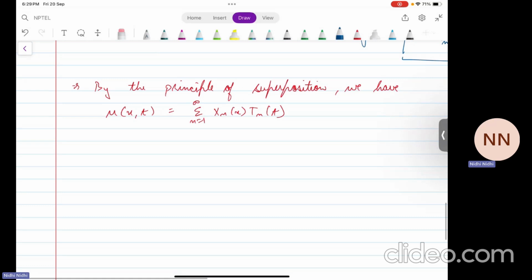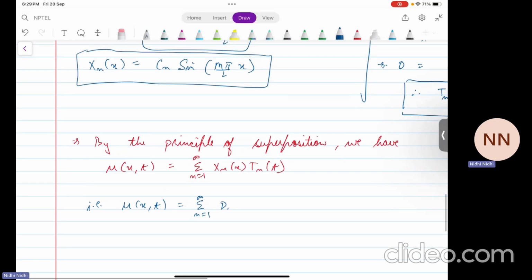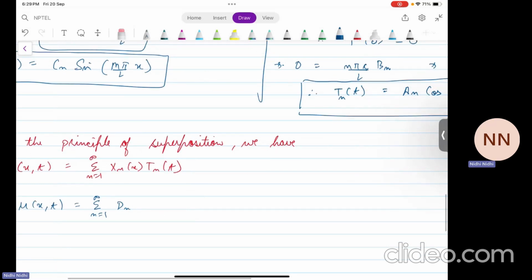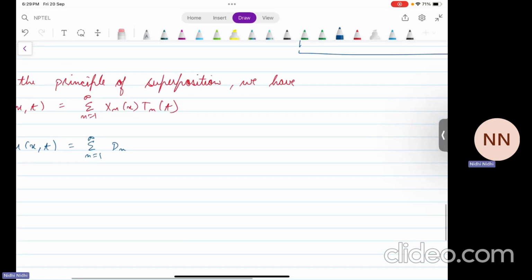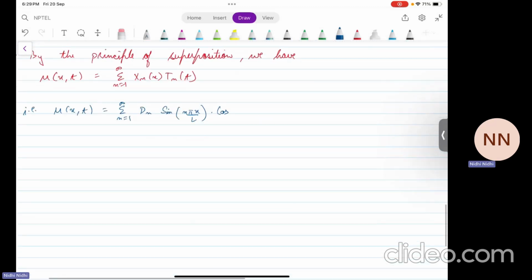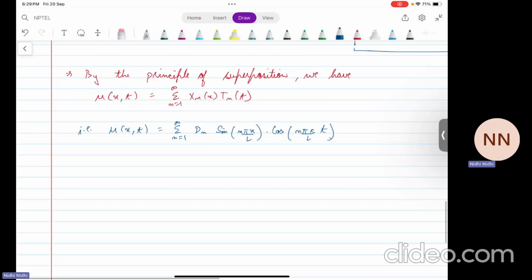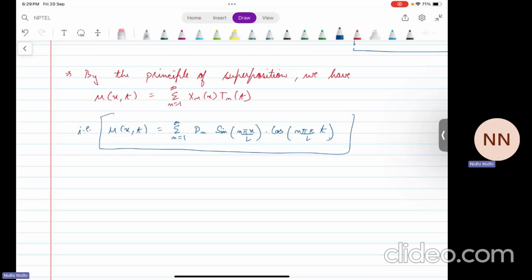That is, u(x,t) is equal to summation n from 1 to infinity of some other constant dn, which is just cn times an, sine n pi x by L times cos n pi c by L times t. So this is our solution.